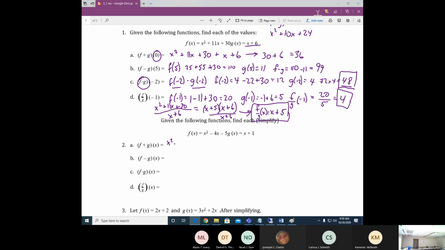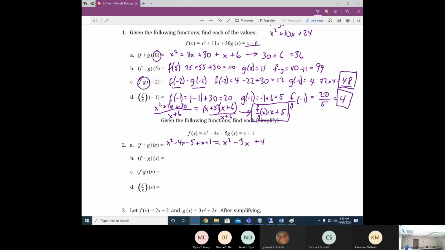x squared minus 4x minus 5 plus x plus 1. Well, simplify that. x squared minus 4x plus 1x gives me minus 3x, and minus 5 plus 1 gives me minus 4.